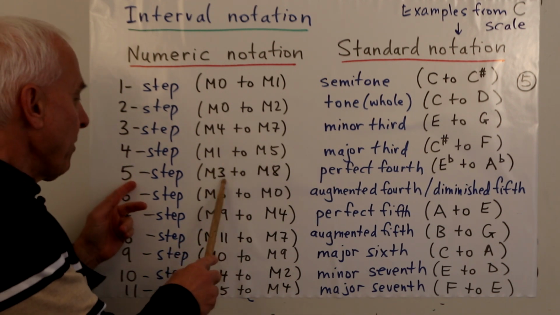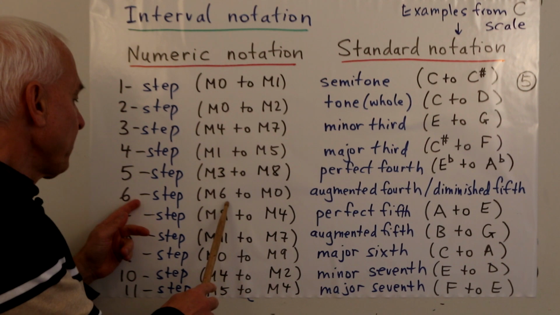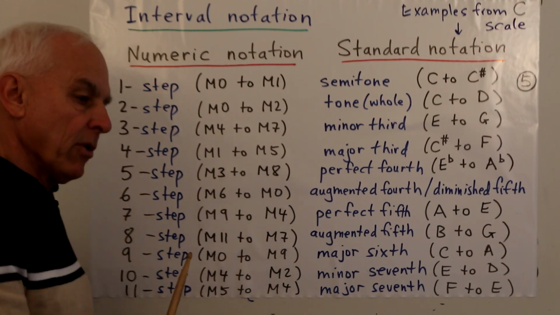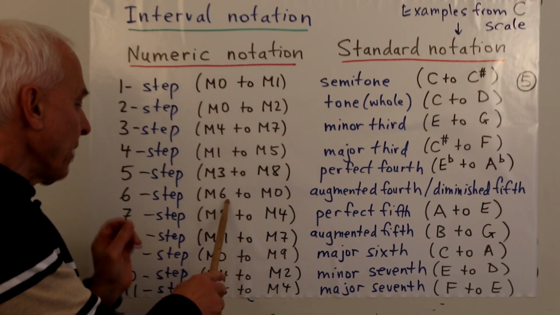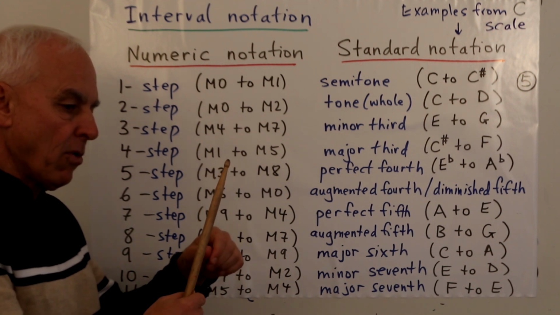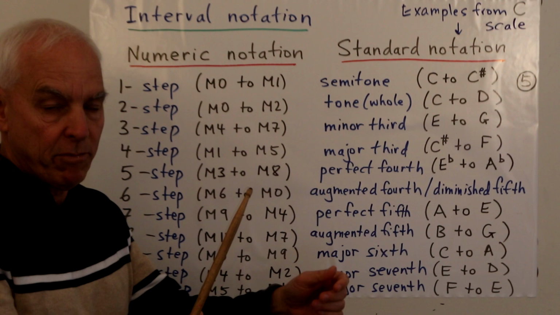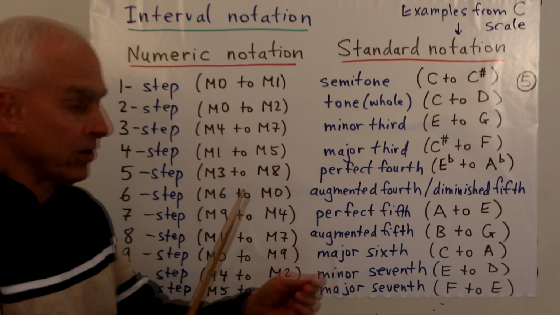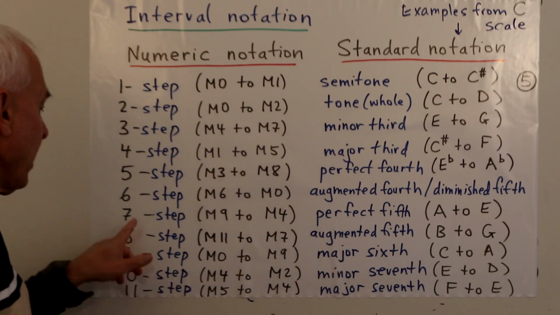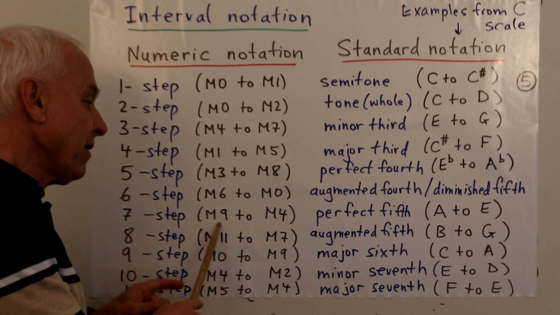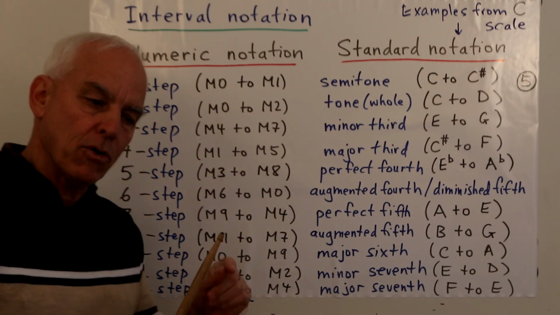A 5-step M3 to M8. 6-step M6 to M0. So if we go 6 steps from M6, we go all the way up to M11, and then one more step, that might be M12, but we're agreeing that M12 is the same as M0. That's why we get a 0 there. A 7-step from M9 to M4. You're going up, okay?